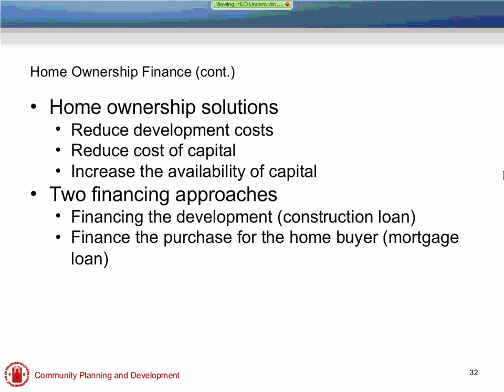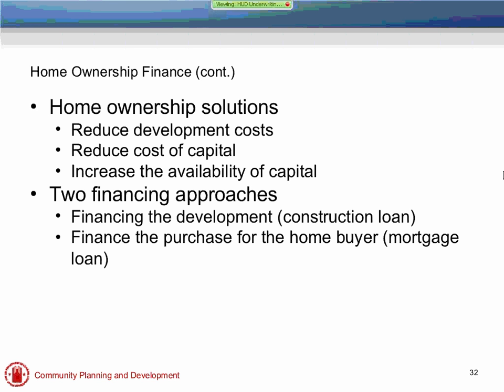If it's a really blighted area and the city owns the land, maybe they will be willing to donate at least a portion of it, in return for knowing that this development is going to help bring more people into the neighborhood and make the neighborhood more attractive. Possibly impact fee rebates for utility and connection fees. Obviously also looking at reducing the cost of capital and increasing the availability of capital.